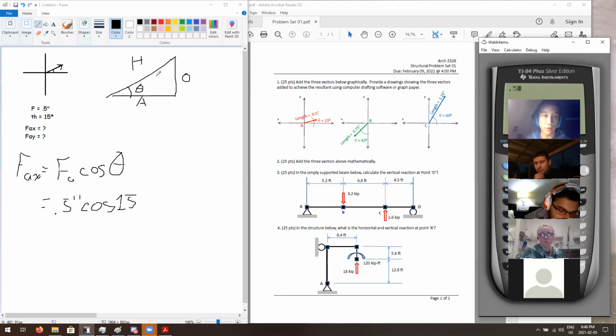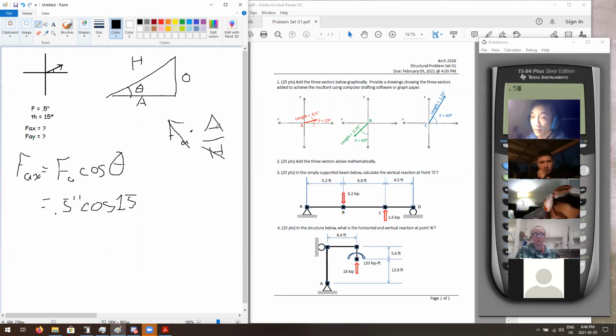Yeah. So if you look at this, F sub A times adjacent over hypotenuse is cosine. F sub A is H. So by multiplying F sub A by cosine of theta, which is A over H, these cancel out and you're left with A. Let me say that again.